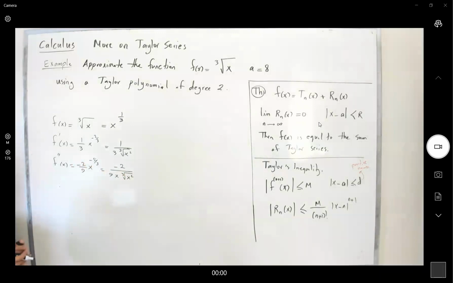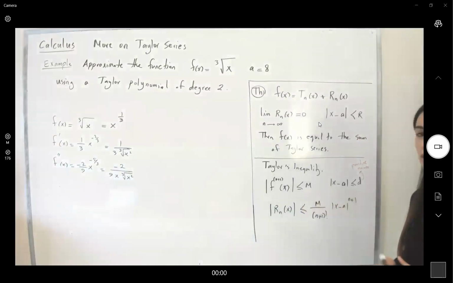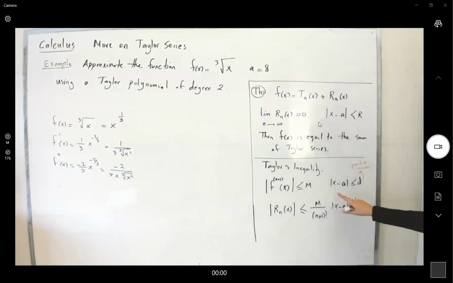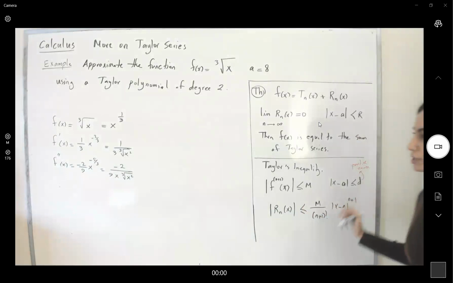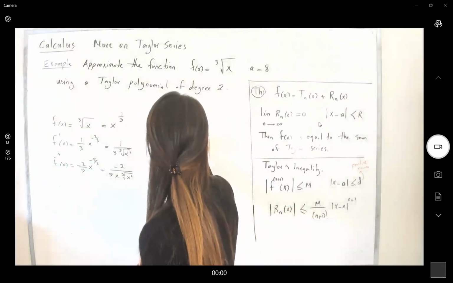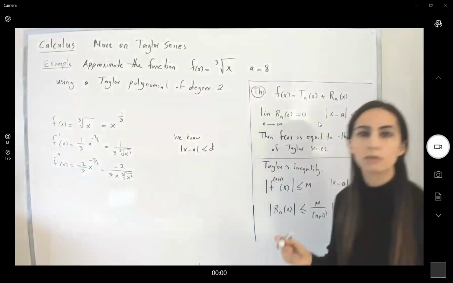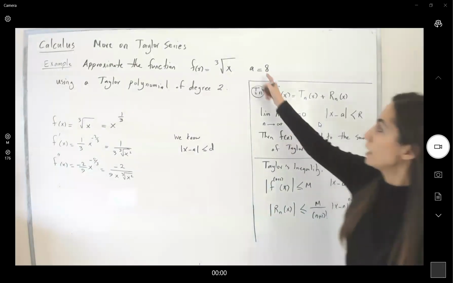So let's take a look at our second derivative. How do you find, for example, the upper bound for the second derivative of the function? What is this M? Well, what do we know? We know that we have the interval absolute value of x minus a less than or equal to d. D is just a positive number. What is a? A is 8.